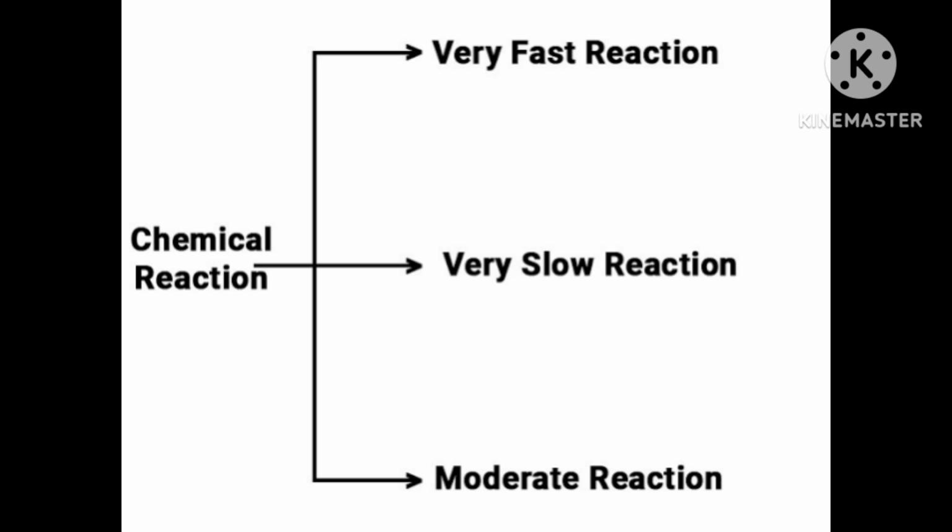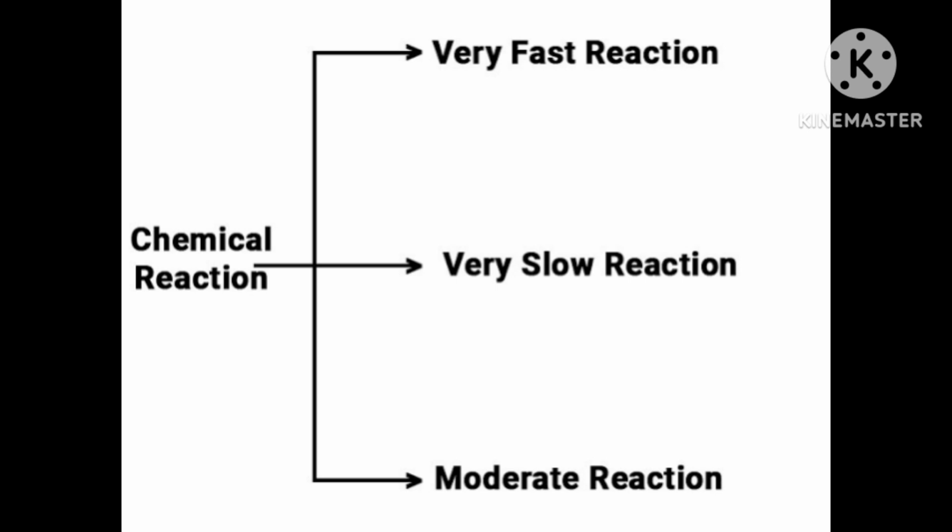Suppose this is the reaction, then what will be the rate in this case? Again I am reading the reaction: 5Br minus plus BrO3 minus plus 6H plus, product is 3Br2 plus 3H2O.